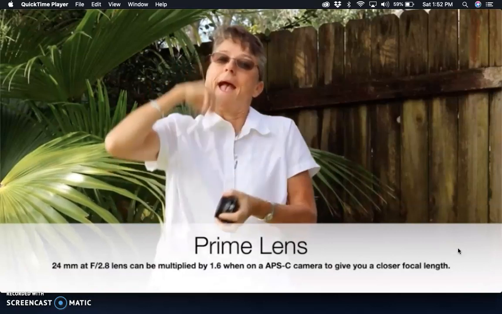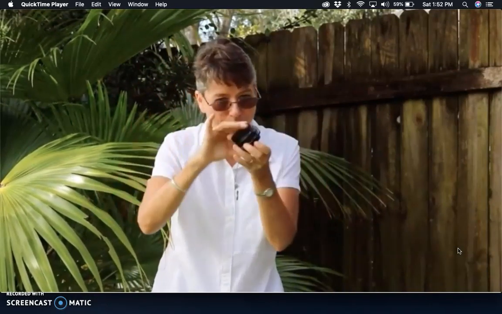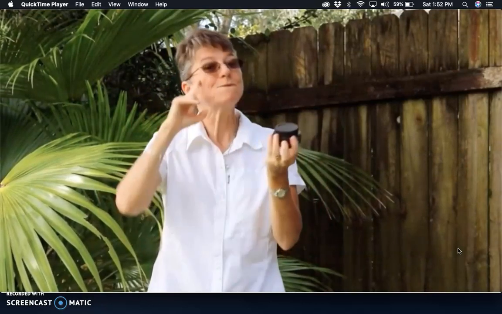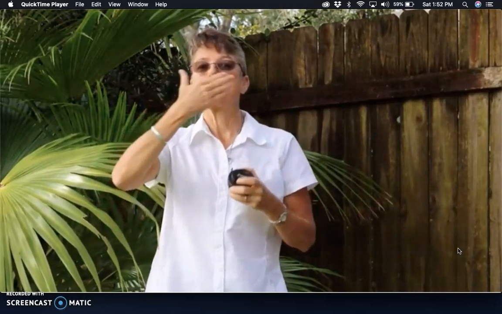If you don't have one, don't worry about that. But with this one, you have to move quite a large distance, but it's a really great lens to develop your photography skills. And it has a small aperture setting, but you do have to walk back and forth.